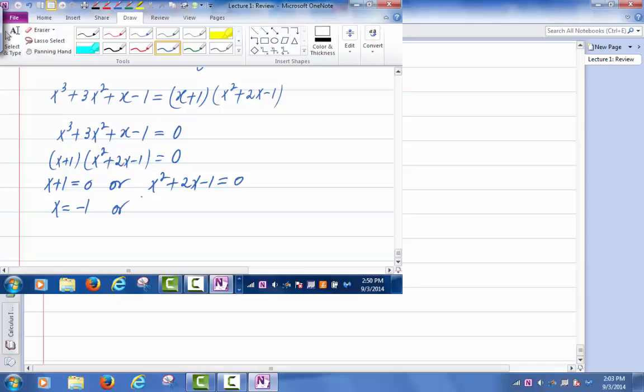And for the other one, the quadratic, what do I use? I could use the quadratic formula, for example, right?